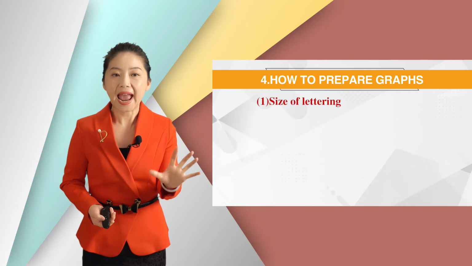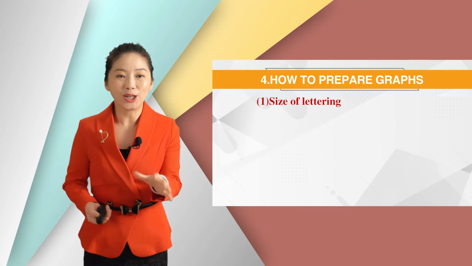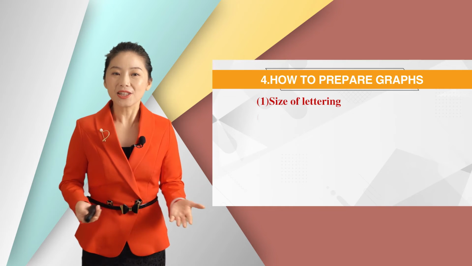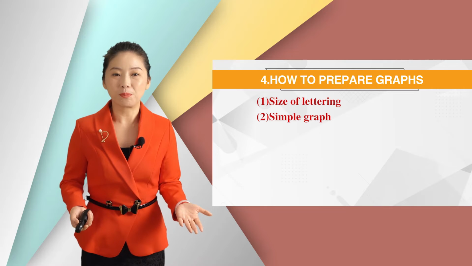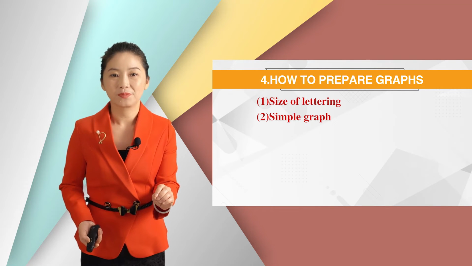Remember, text that is easy to read on a large computer screen may become illegible when reduced to the width of a journal column. Each graph should be as simple as possible.